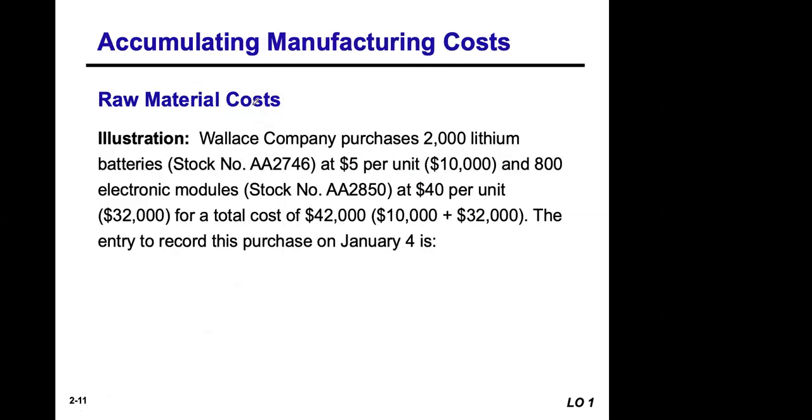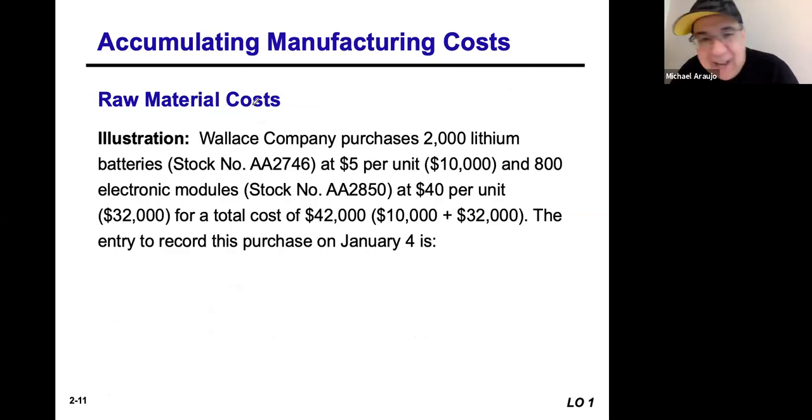Okay. So let's take a look at how the accounting works. Much of what we're going to be doing in the class in terms of the accounting, this particular section, is going to be on page 50 and 51. Things that you have to know, things that you have to have a reference for. Okay. And so this is important.